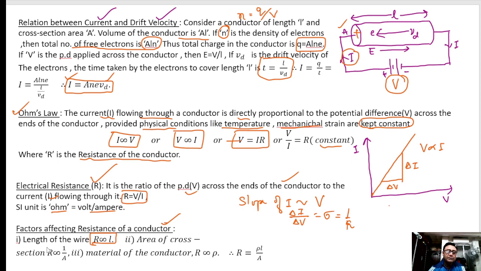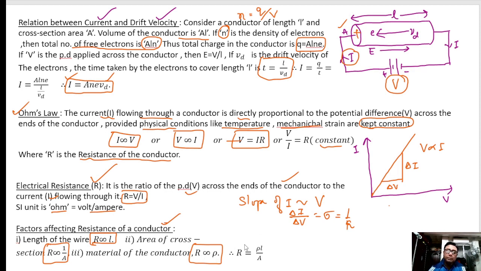Second, resistance is inversely proportional to the cross section of the conductor. That means the thicker the cross section, the less the resistance. Third, it is directly proportional to the material of the wire. So the better the material is as a conductor, the more the resistance.